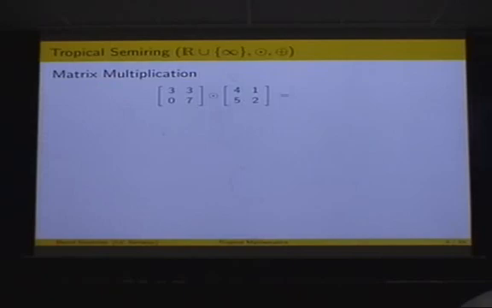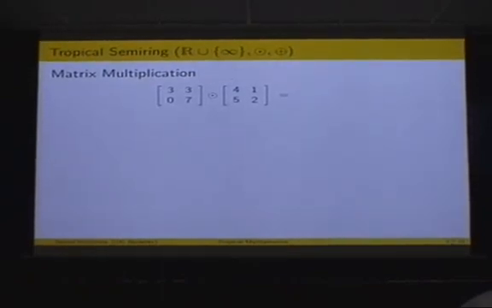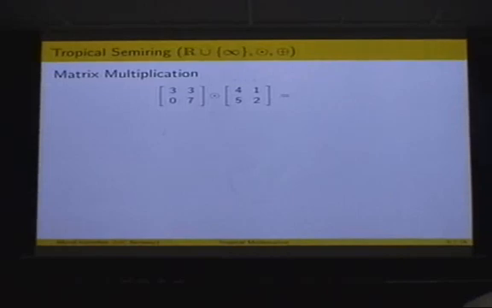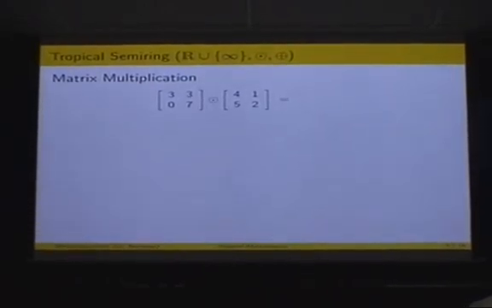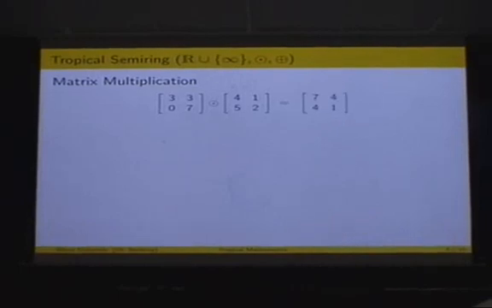Many other things that are familiar to you, you can do, such as matrix multiplication, right? So in matrix multiplication, the rows of the left matrix get multiplied with the columns of the right matrix. And here in this example, here's the answer. The upper left-hand 7 we saw: 3, 3 against 4, 5, so 3 times 4 is 7, 3 times 5 is 8, you add them up, you get 7.